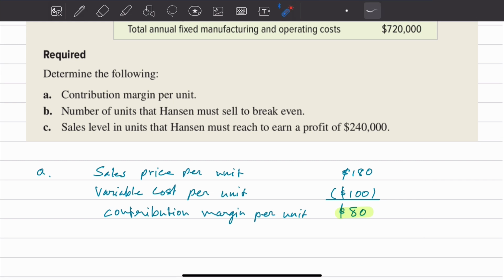B, number of units that Hansen must sell to break even. So basically they want us to calculate the break even units, or the break-even point in units.